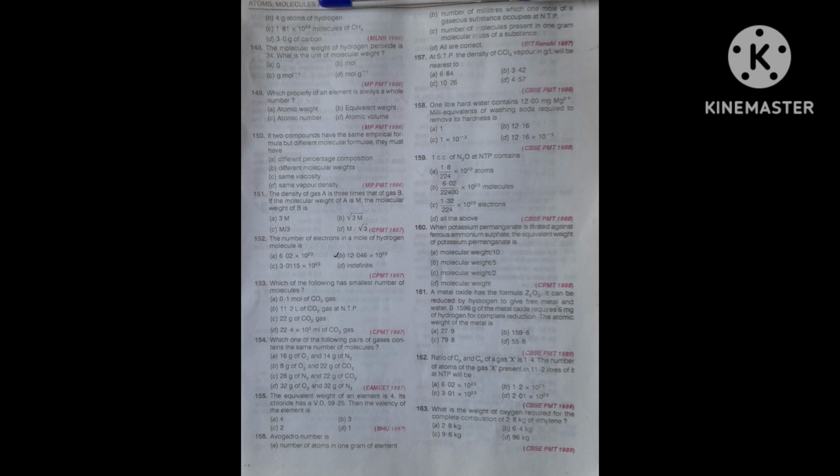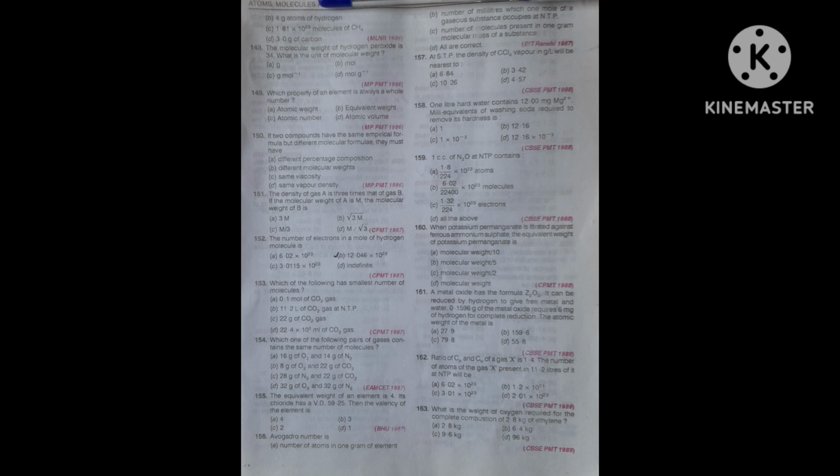A metal oxide has the formula Z2O3. It can be reduced by hydrogen to give free metal and water. 0.1596 gram of the metal oxide requires 6 milligram of hydrogen for complete reduction.